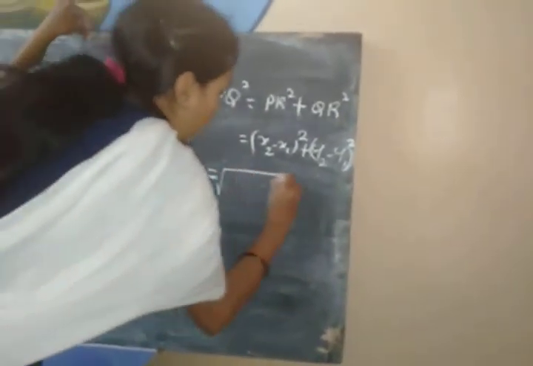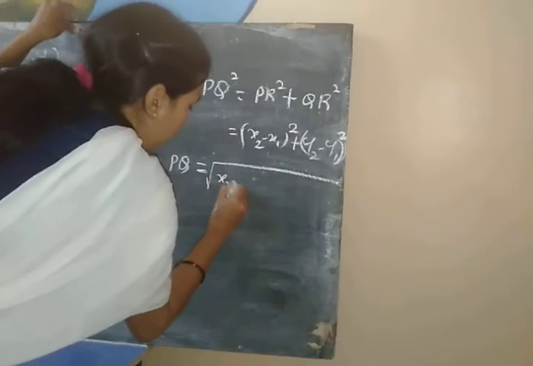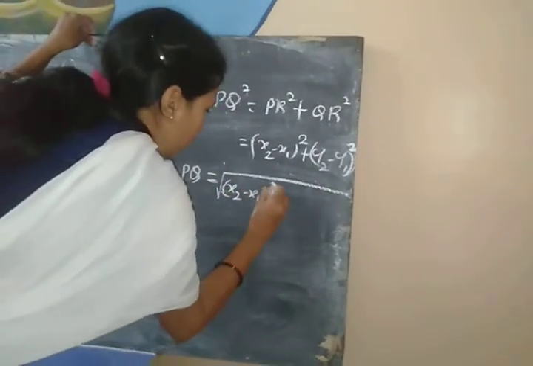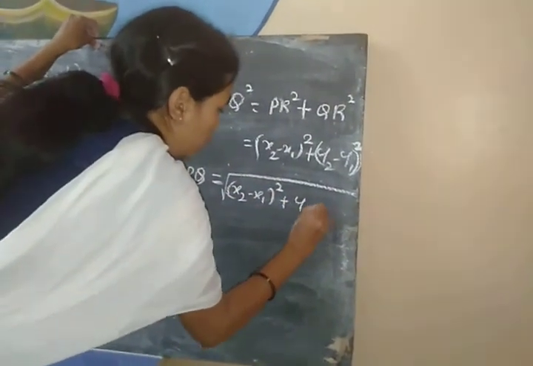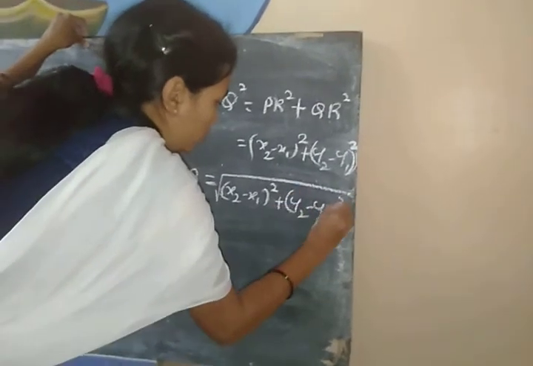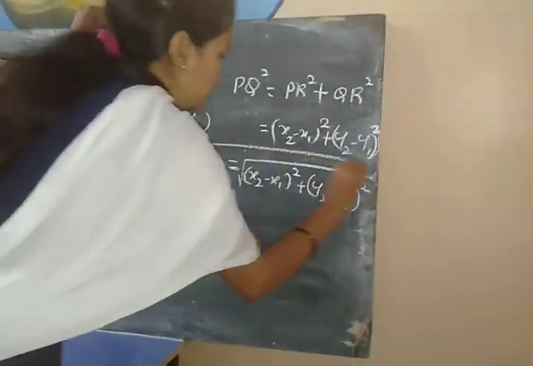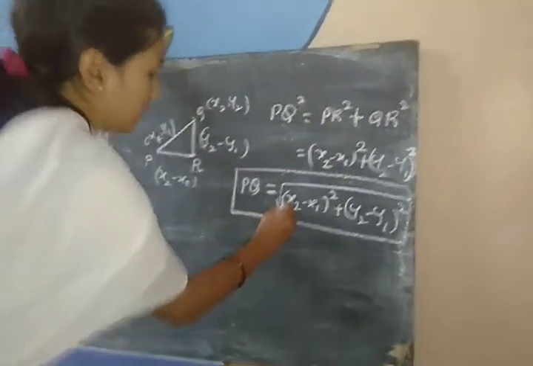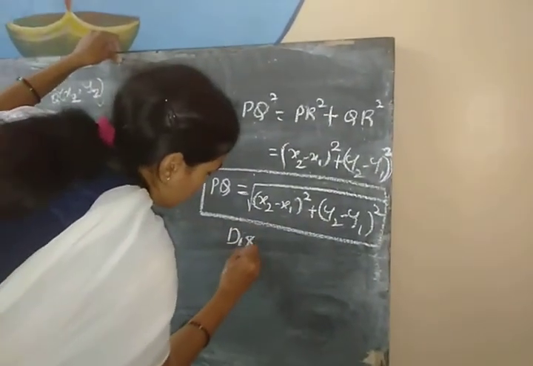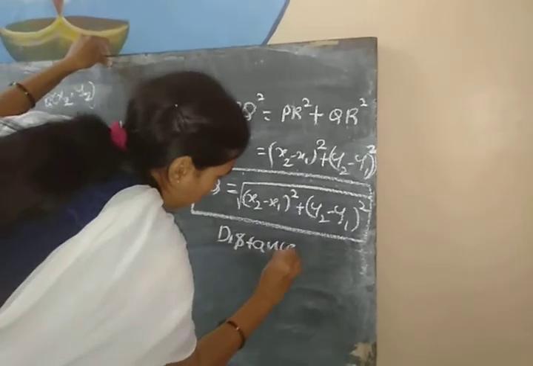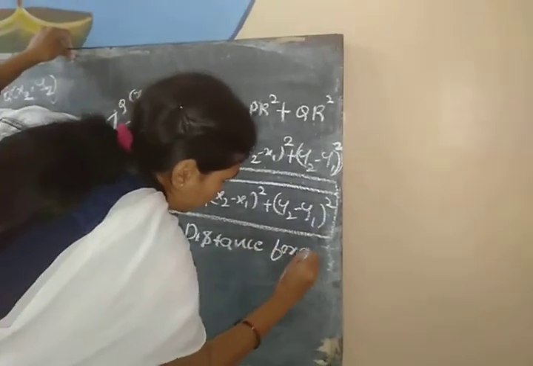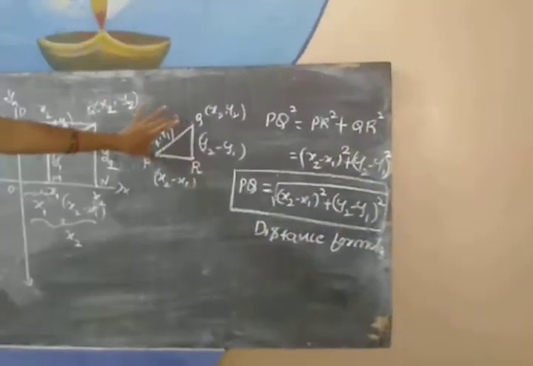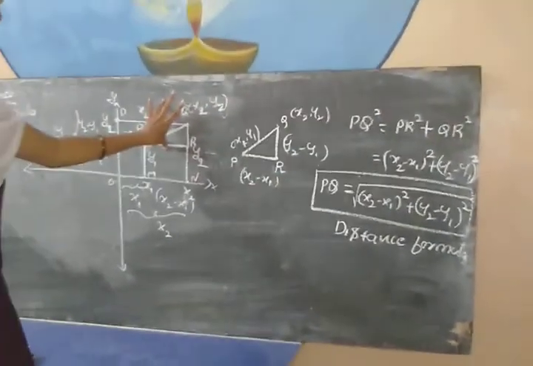So this is the square root of (x2 minus x1) whole square plus (y2 minus y1) whole square. So this is the distance formula. You should remember that this is called the distance formula, which is used to find the distance between two points that lie on the coordinate axis.